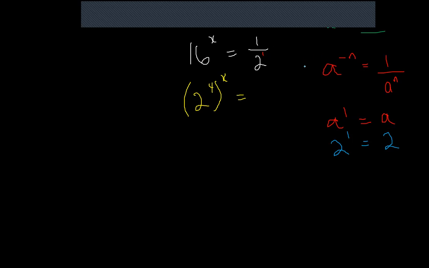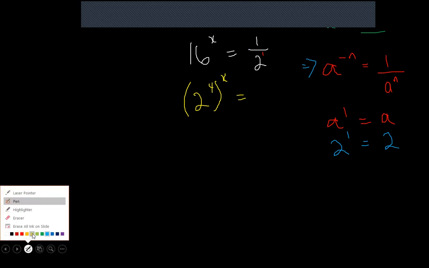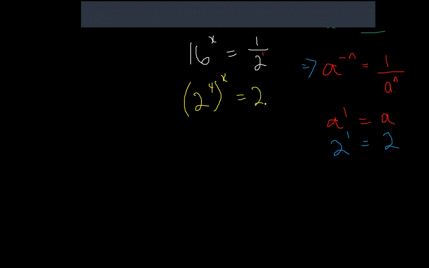So now back to this rule. According to this rule, 1 over 2, so a half, I could rewrite that as 2 to the power of minus 1. This is 4x.